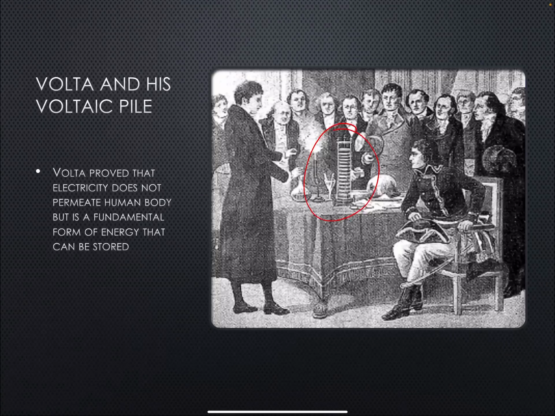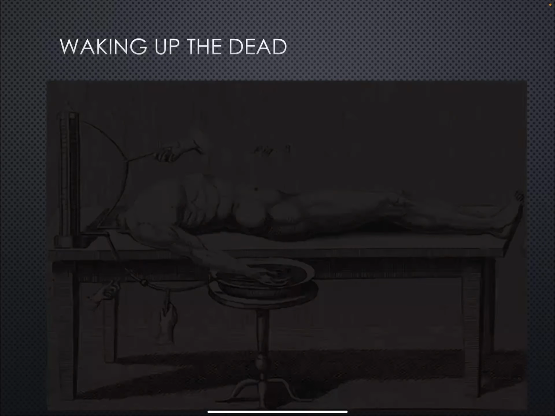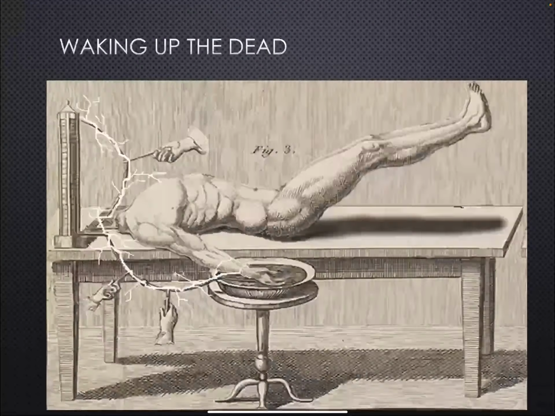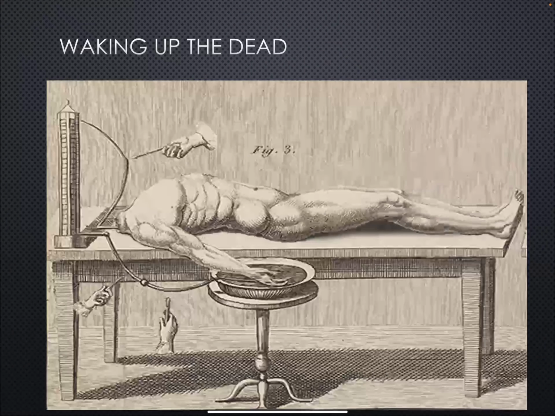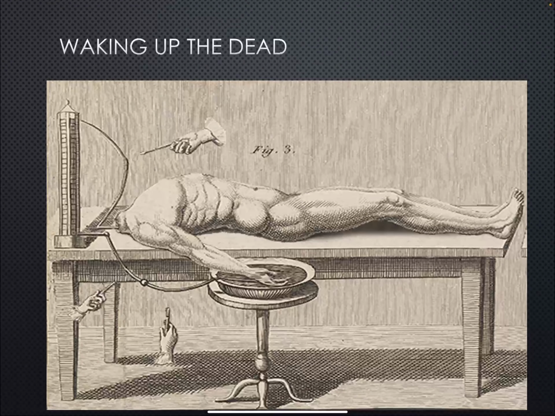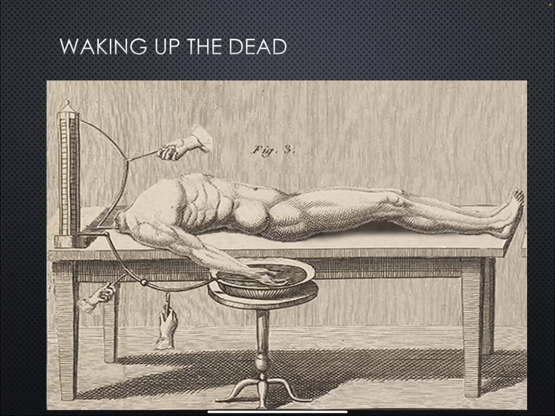What he did was perform experiments using this voltaic pile, passing currents through dead bodies and demonstrating that these dead bodies could be awoken. Now this would completely shock the viewers, because here it was seen as though through this new force of electricity you could actually wake the dead, you could actually resurrect the dead.